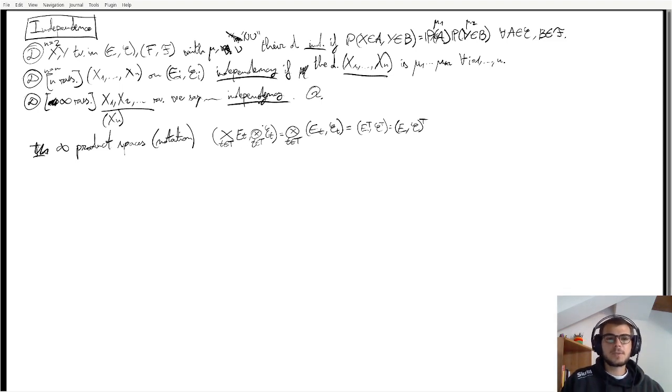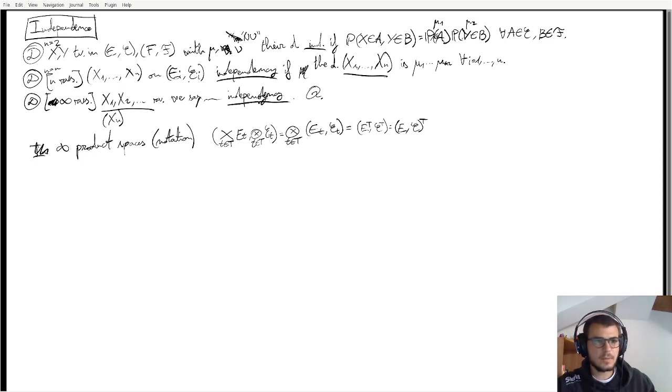So what is a product space? Let's say we have different random variables, and in particular let's focus on this case because in general when we consider stochastic processes we have an infinite collection. We want to consider infinite collections of random variables, and so to describe the law of this infinite collection, we want the joint distribution in order to describe the entire process.